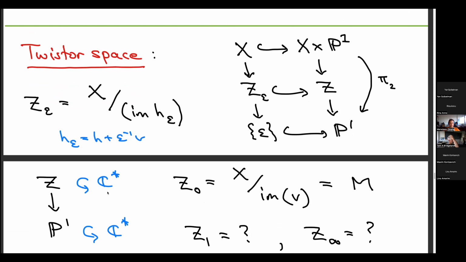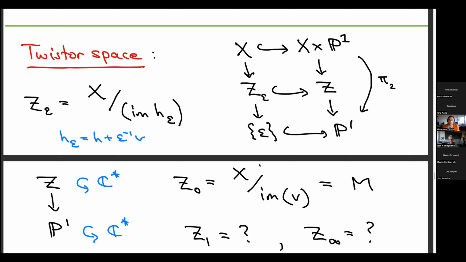One of the axioms of this joy structure business was that there should be some C star action which lifts to X. And the way that works is exactly so that this descends to this twistor space. So this twistor space has a C star action lifting the C star action on P1. In other words, there are only 3 different fibers of this twistor space: fibers over 0, 1, and infinity.